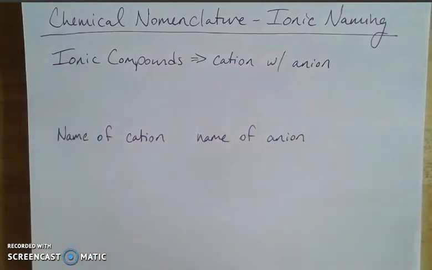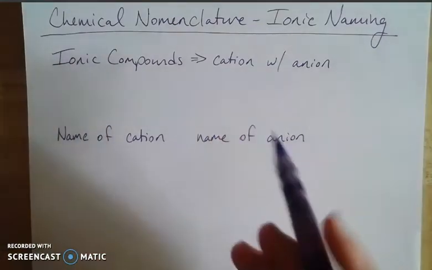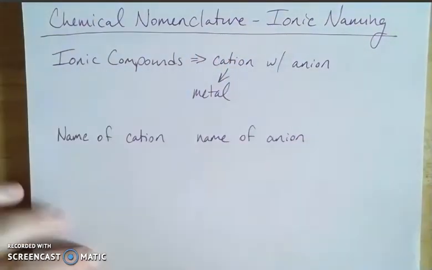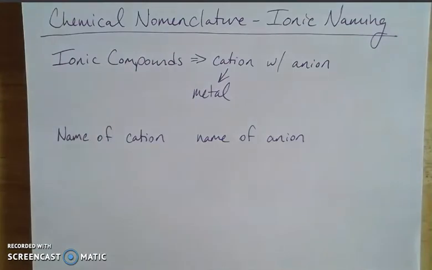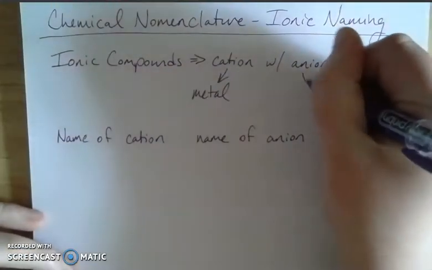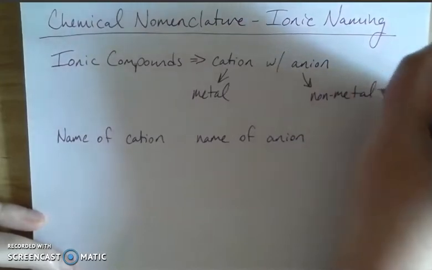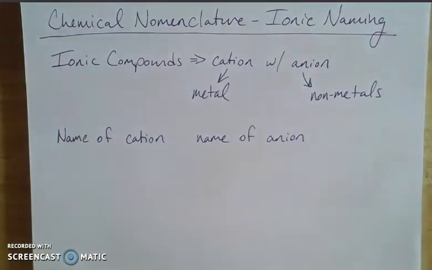And remember that ionic compounds are a cation with an anion. So cations are positively charged and they're always metals. Of course, there's exceptions to that because it's chemistry, but in general, most of the time cations are metals and anions are nonmetals or groups of nonmetals.